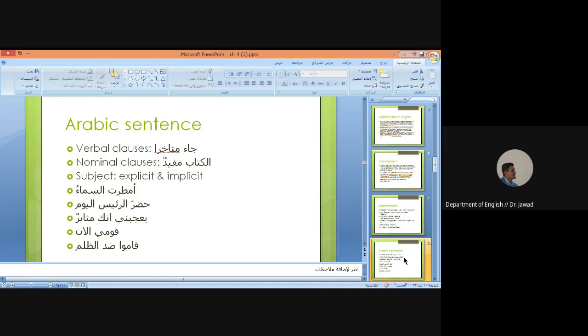In Arabic, the subject is there. It is clear, it is explicit. The surface structure of the clause. قاموا ضد الظلم. Here again, this waw, which refers to the plural, represents the Arabic subject in this clause.